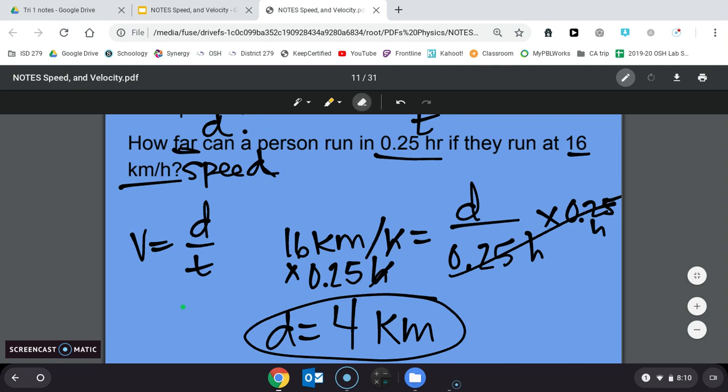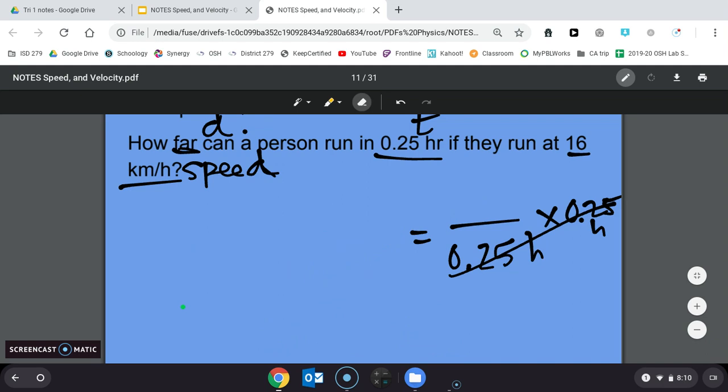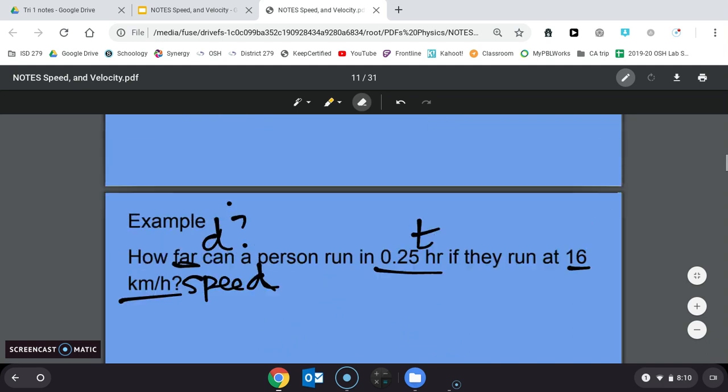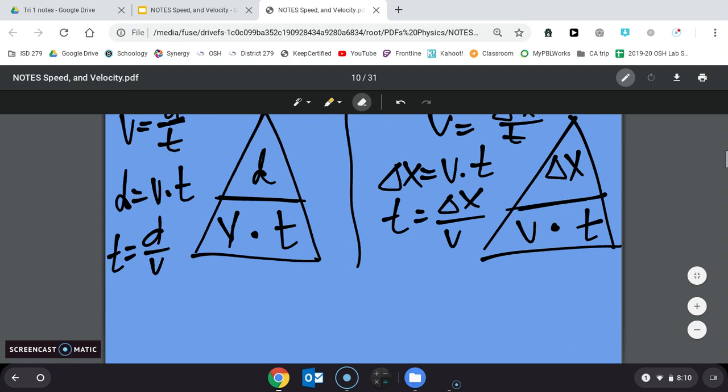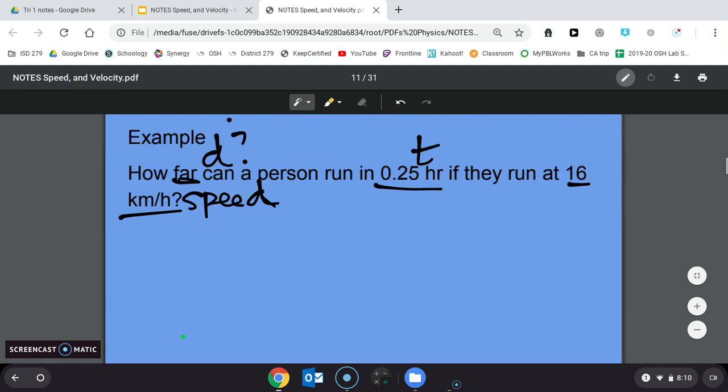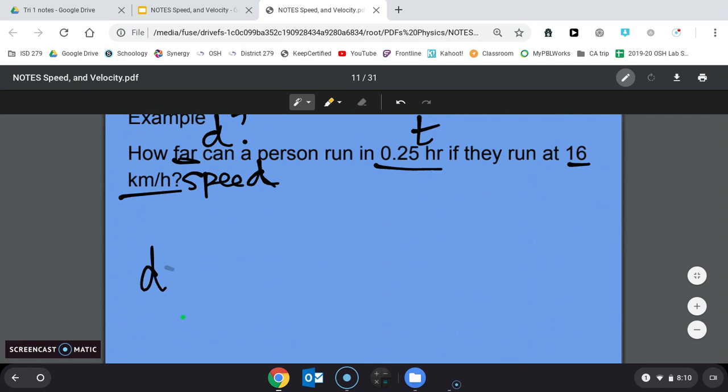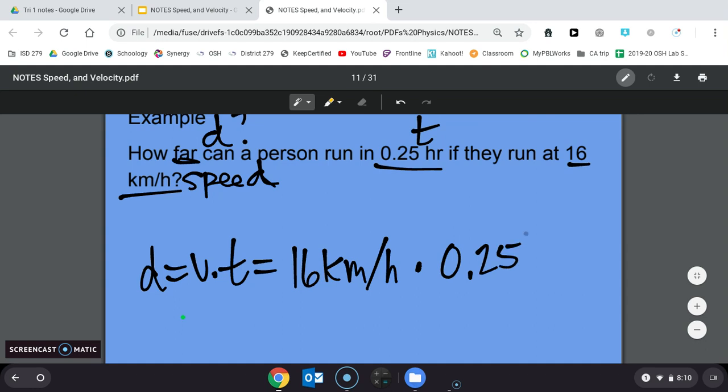If we run this again, but using the rearranged version of the equation from the front, again, the rearranged version is right here. Distance is velocity times time. Velocity is 16 kilometers per hour times the time of 0.25 hours.